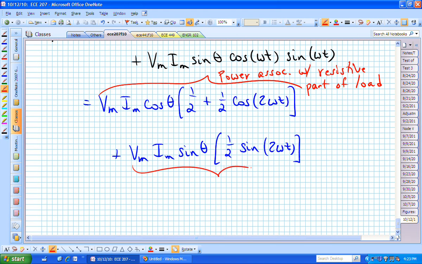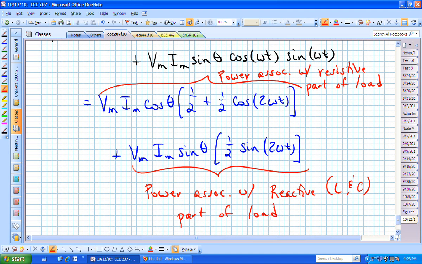This piece is not associated with the resistor, so this is the piece associated with the inductor and the capacitor, and we'll just lump those together and say this is now the power associated with the reactive part of our load, which are these L's and C's.